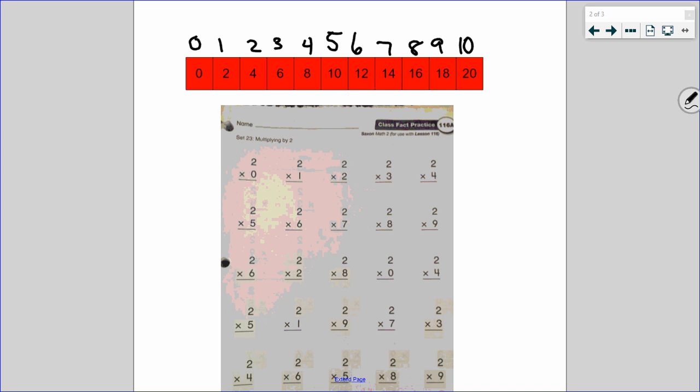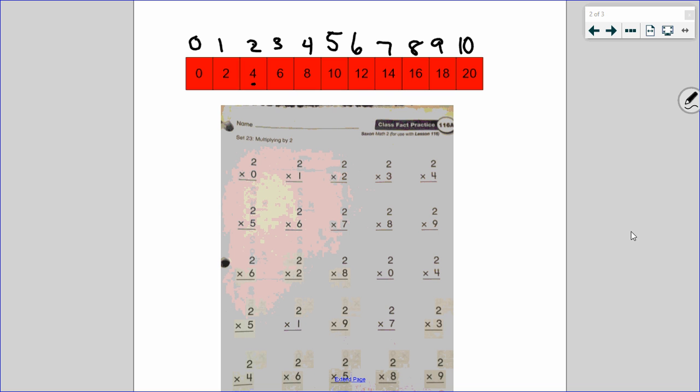Now, what this is saying is if I have 0 groups of twos, I have 0. Okay? If I have 2 groups and 1 in each group, I have a total of 2. If I have 2 groups with 2 in each, I have 4, because that's what we're working with.